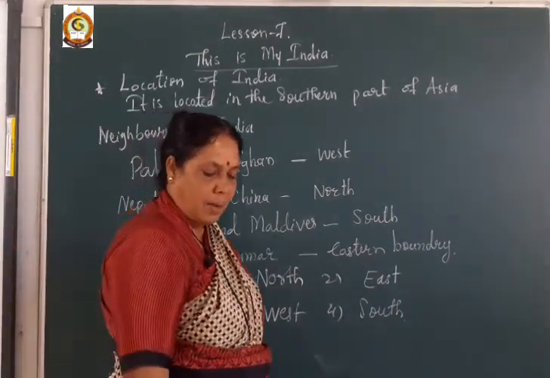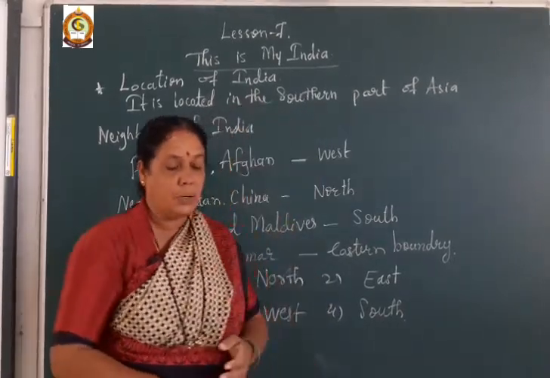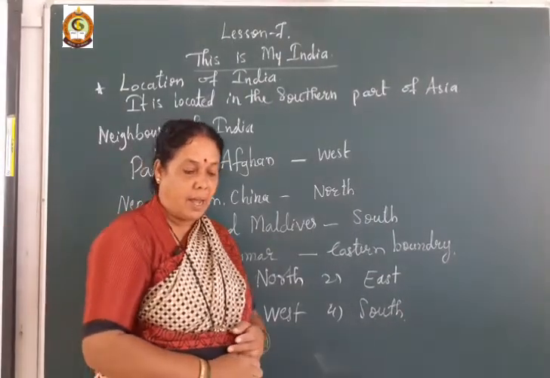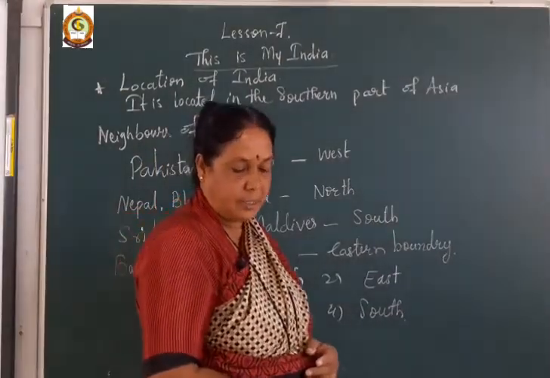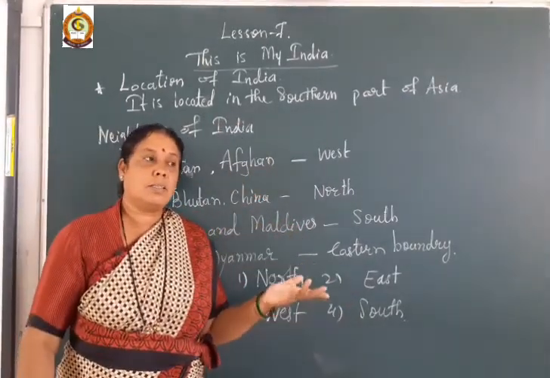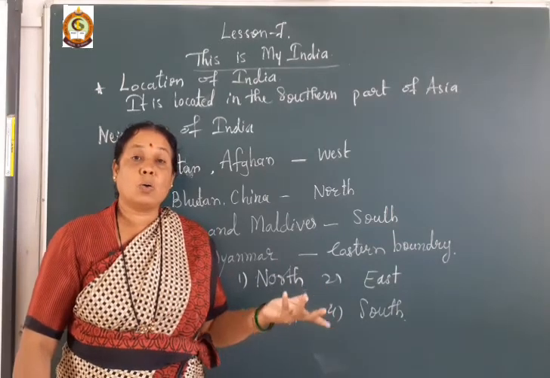Okay, dear student, after learning this, we will learn about unity in diversity. Dear student, India is a land of variety. It is a land of variety, meaning mountains, plains, plateaus, deserts, coastal areas.